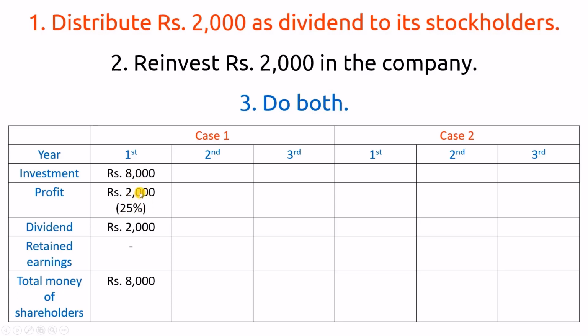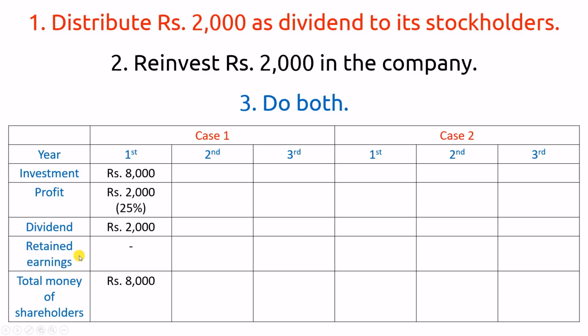Now if the company gives out the entire 2000 rupees profit as dividend, the first case, then the retained earnings is 0, because the company has given all the profit as dividend. Now what is this retained earnings? Retained earnings is the profit that the company keeps to itself or retains with itself.